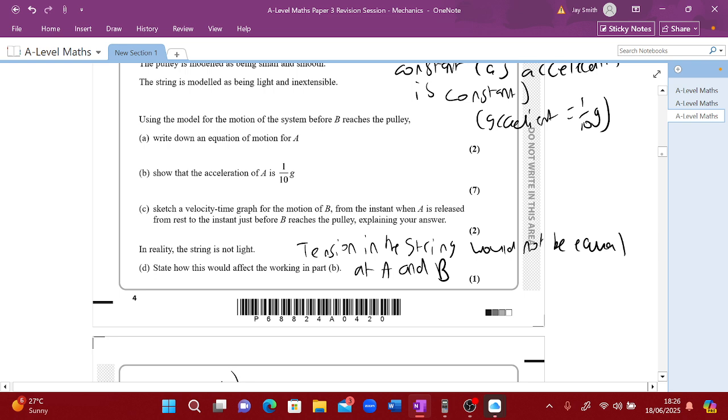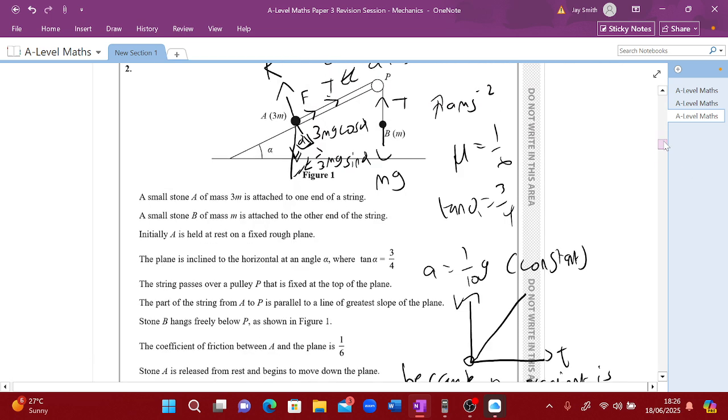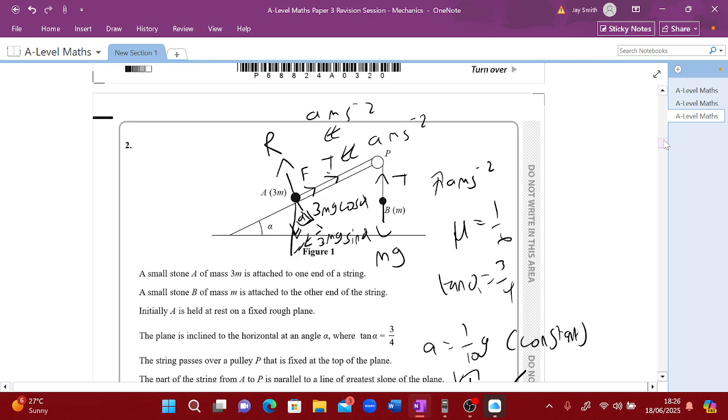Because if we had mass in the string and the mass was weirdly distributed throughout the string, say it wasn't a uniform mass, then some parts of the string would be heavier than other parts, even ignoring the fact we have particles on either end.